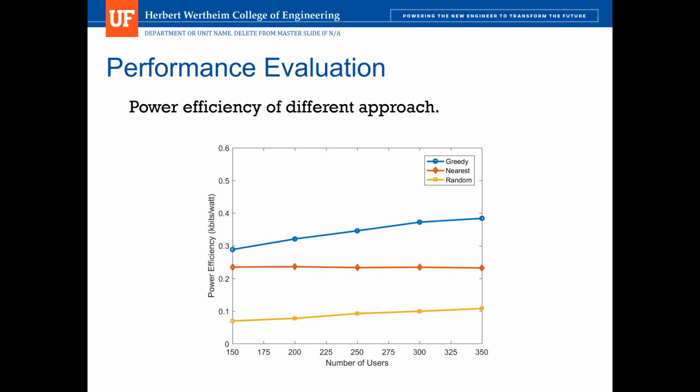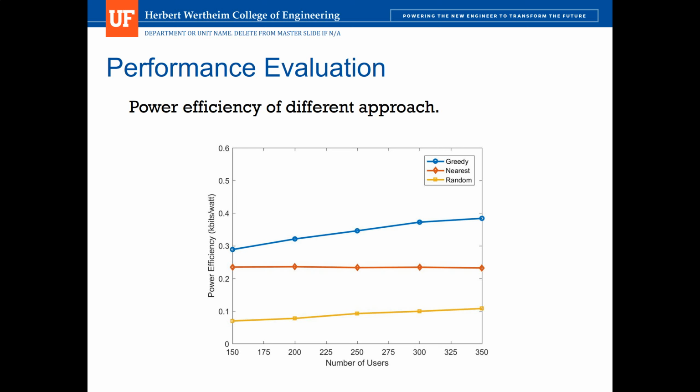The nearest algorithm means that the user is always grouped with the nearest mobile thing. If the distance is nearest, they are grouped together. If the nearest mobile thing to the user is beyond 200 meters, it means that this user will not group with anyone. And the random algorithm means the group is randomly selected.